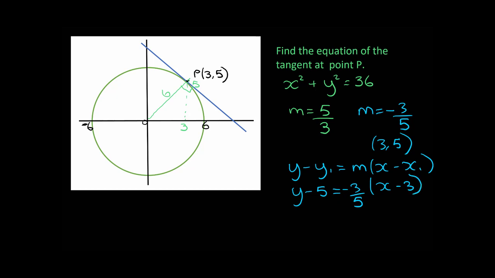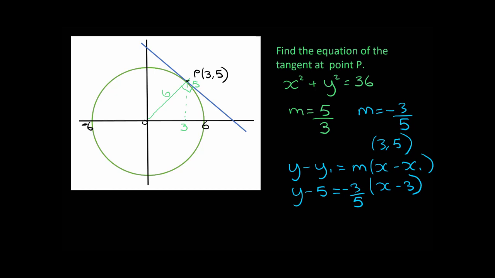What happens next depends on exactly what format they're asking for the equation in. I'm going to do it so that it ends up looking like the typical y equals mx plus c version, but there are easier versions that they might ask for as well.